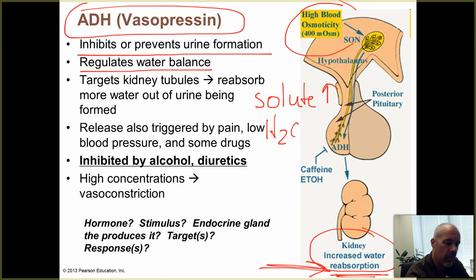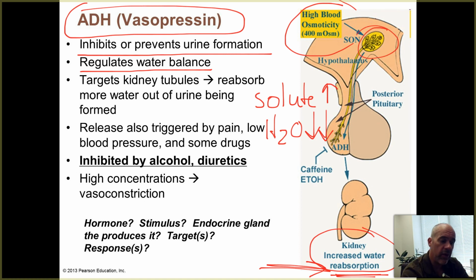That means your water levels are lower. If your body is becoming dehydrated, then solutes like sodium and calcium and glucose and amino acids floating around in your body fluids are going to be more concentrated. There's not going to be as much water there separating those solutes from each other.